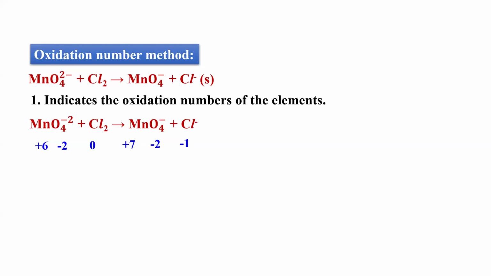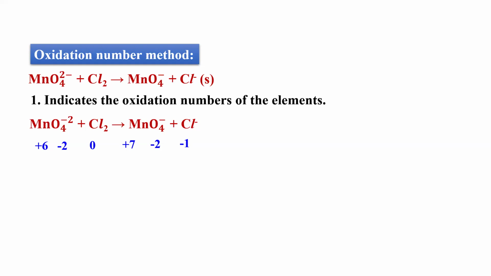So you can see what is happening during the reaction. Mn +6 is changing to Mn +7, right? That means oxidation is taking place. Oxidation number is increasing. Cl2, oxidation number is 0 now, which is converting into Cl-, -1. Oxidation number is decreasing.